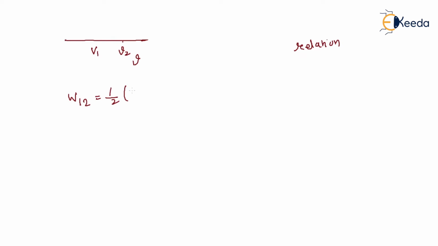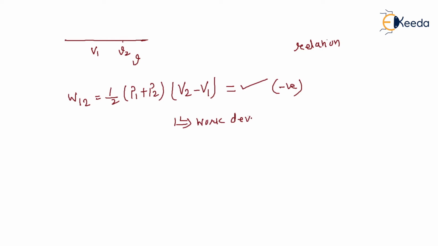Half into P1 plus P2, into V2 minus V1. This is negative. That means work is developed by the system.